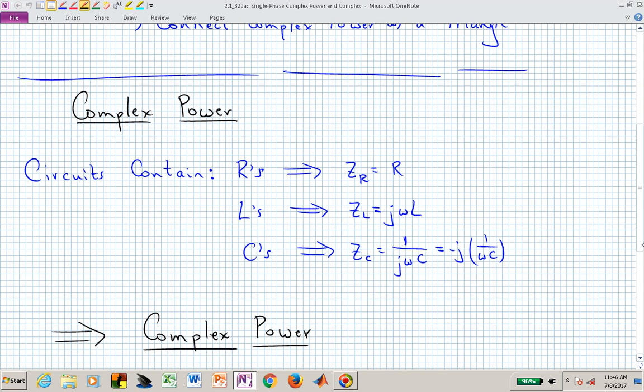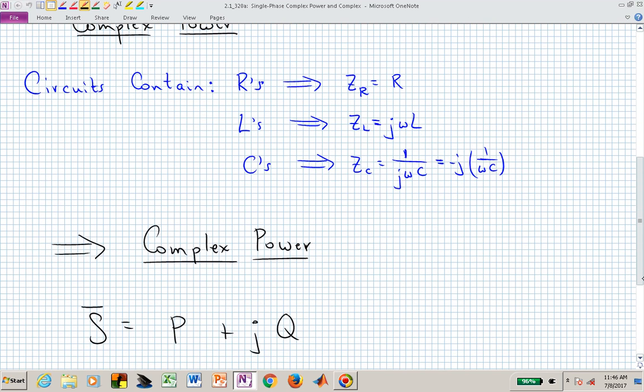But now that we have these complex impedances, if we generalize Ohm's law, remember, V is equal to IR, which allowed us to connect resistances with voltage and current, we can now generalize that to these complex impedances, and now we have complex power.